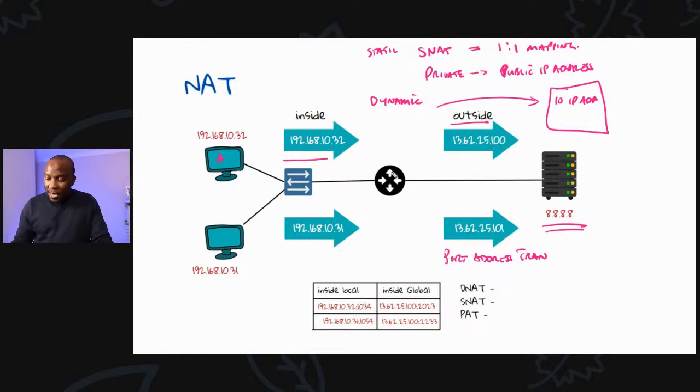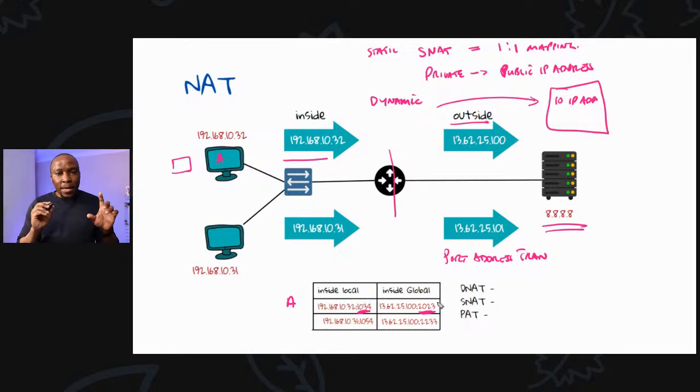Computer A is going to be tracked using the port number. The router that is doing the NAT translation is going to track the session and say, okay, fine, I've received a packet from computer A, and I'm going to track it using a local port number of 1034, and it is going to a destination of 2023.